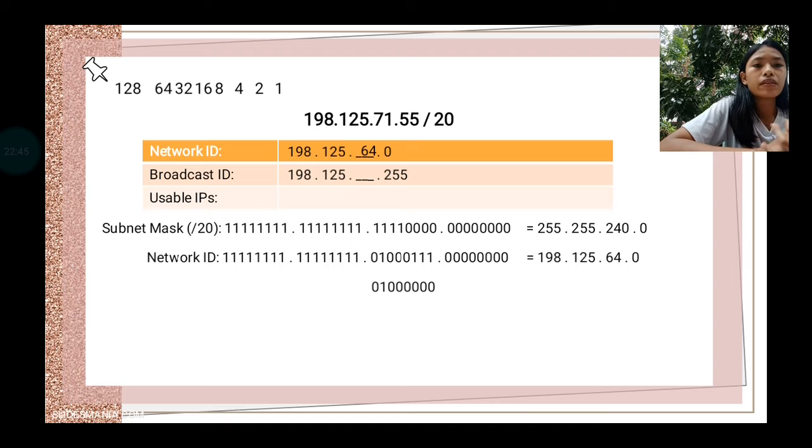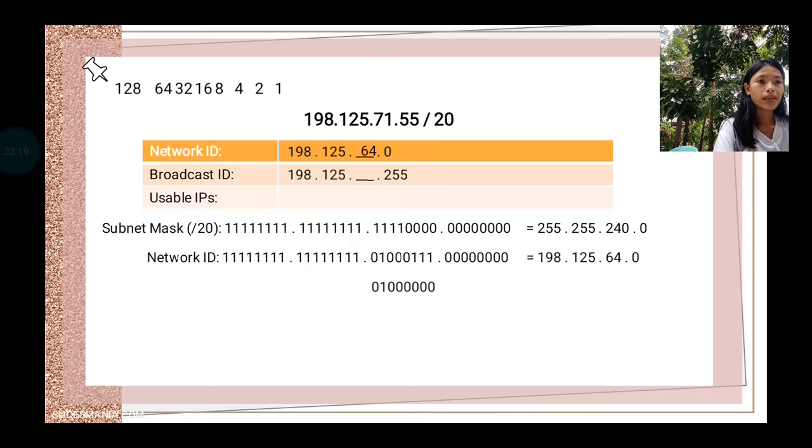Now to determine the third octet of the broadcast ID, we look at the last bit of our network ID, which is 64. In the broadcast ID, we just add that last bit, 64, and subtract 1 for the allocation for the host ID.